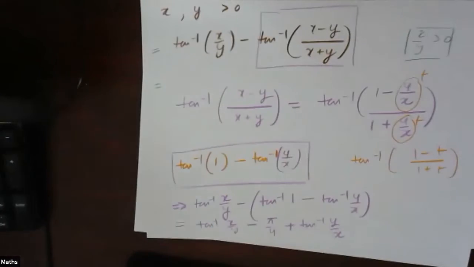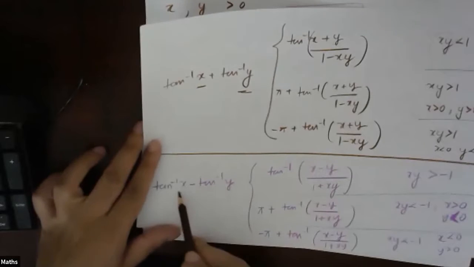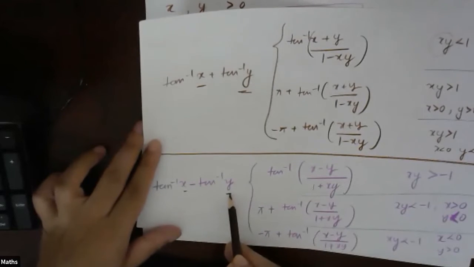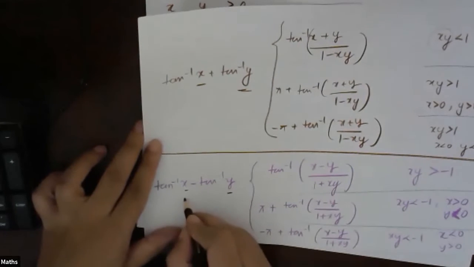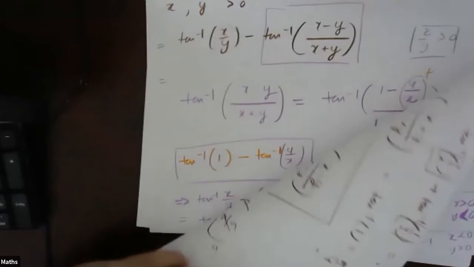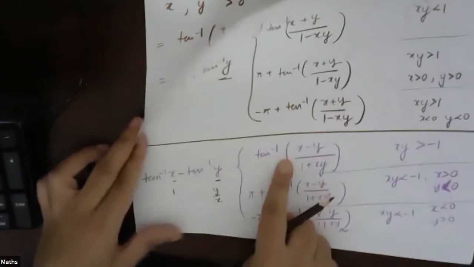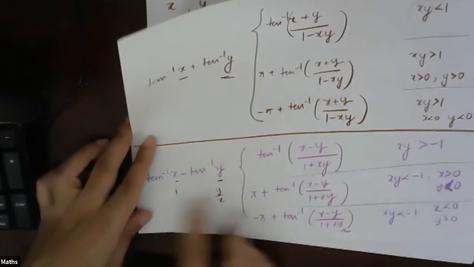If we look at the properties, this is something like tan inverse of x minus tan inverse of y. If instead of x I substitute 1, and instead of y I substitute y by x, what will this become?